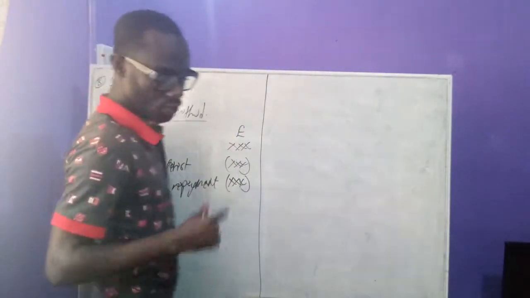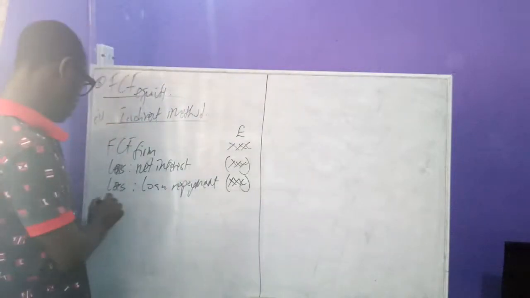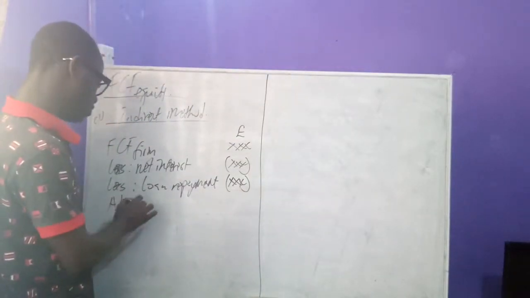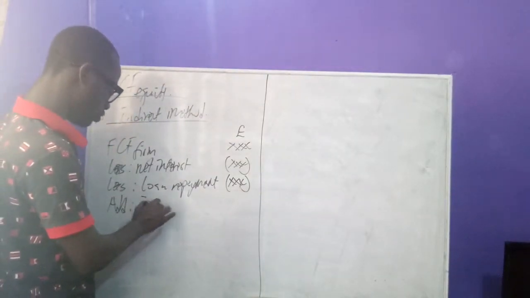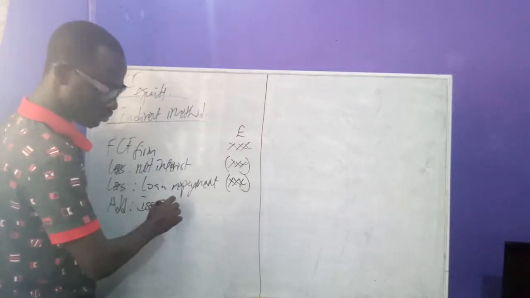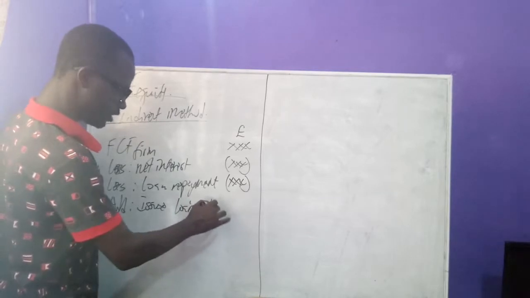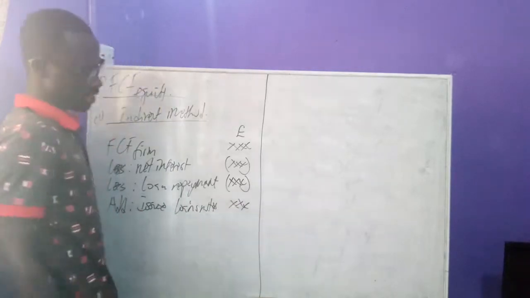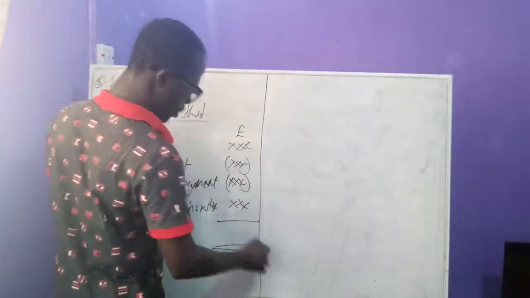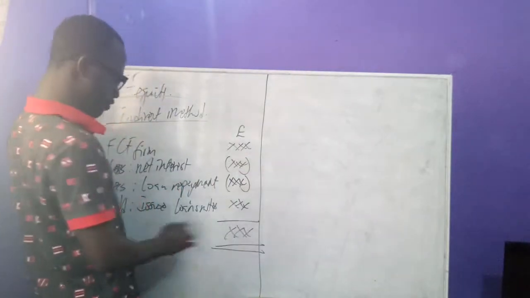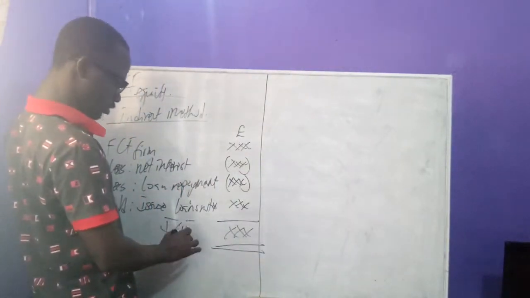Then during the year, if we are going to be issuing any loan, we add issue of loan notes, or debt, we add it because it's a cash flow. Then when we add them up, this will give us the free cash flow to equity.